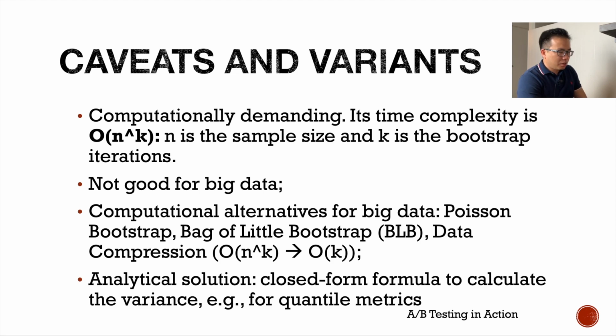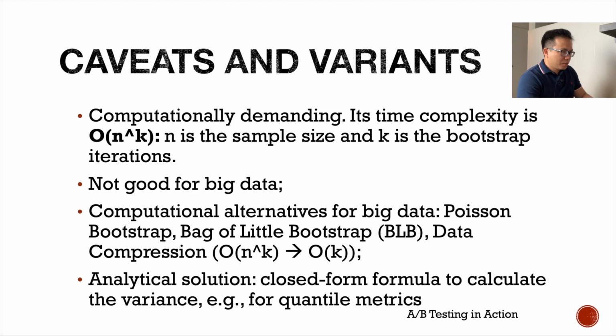So there's always a trade-off between accuracy and computational demand. If you want to increase accuracy, the computational demand will also be huge. If you want to reduce the computational demand, then the accuracy will decrease as well. As data scientists, we need to find the right balance between these two objectives and make a reasonable trade-off.